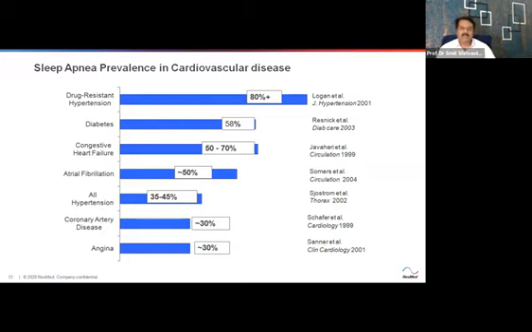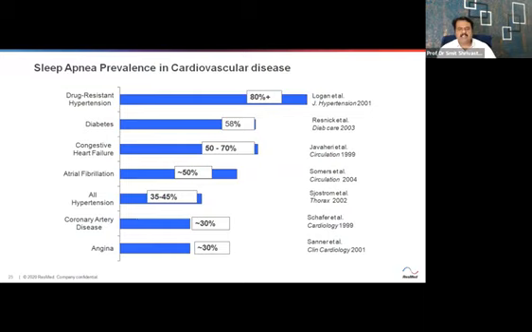In diabetic patients who are obese, again, it's 60%. Heart failure, almost 2/3 of the patients can have sleep apnea of some kind. Maybe it may be central sleep apnea, may not be obstructive sleep apnea. Atrial fibrillation, half of these patients can have some kind of sleep apnea, and they'll benefit just by treating with BiPAP or CPAP as is required.